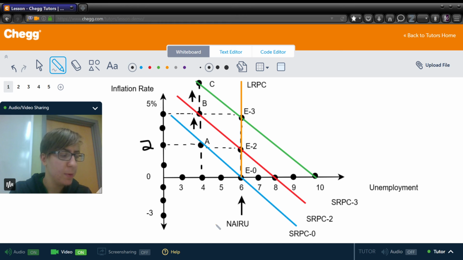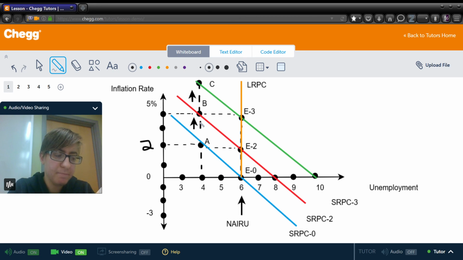So you're probably wondering what exactly this line here is going to show. And you're probably also wondering what the orange line between all the equilibrium points is. That is the long run Phillips curve.